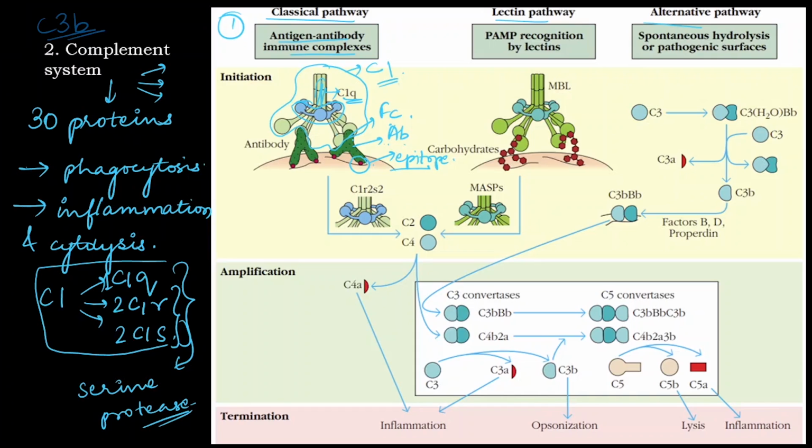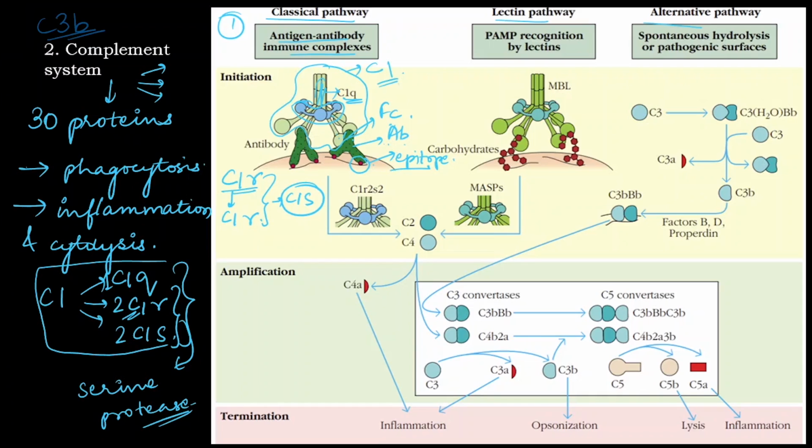The C1 molecule will bind there, and when it interacts with the Fc region, there is a conformational change in C1r, and that gets activated. It has another partner, because there are 2 molecules of C1r, and both these C1r will activate C1s.